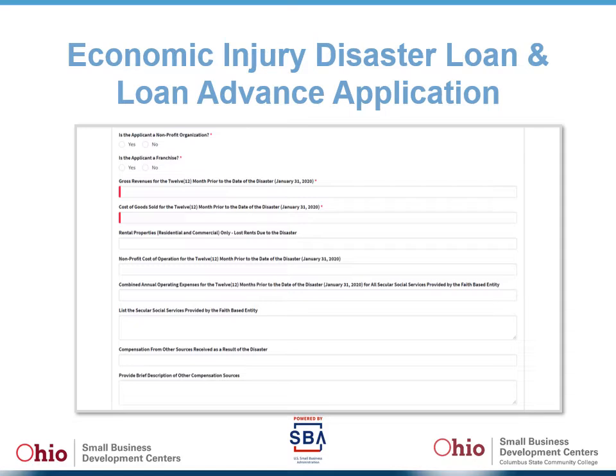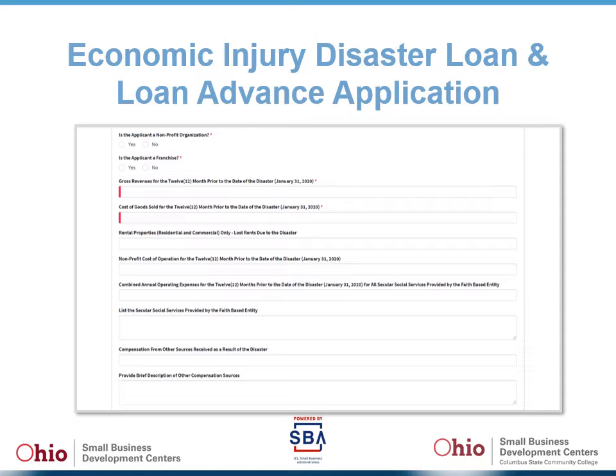This information has been a little bit confusing to individuals as they move through here. We've heard that there's been some confusion. So here it is just asking you to identify whether or not you are a nonprofit or franchise. Then it goes back to asking you for your gross revenues and your cost of goods sold for your business in particular.